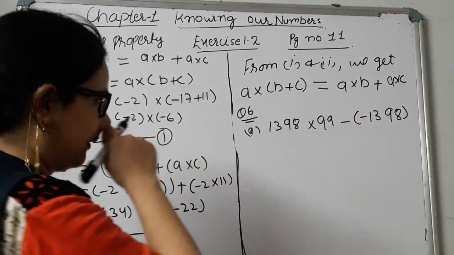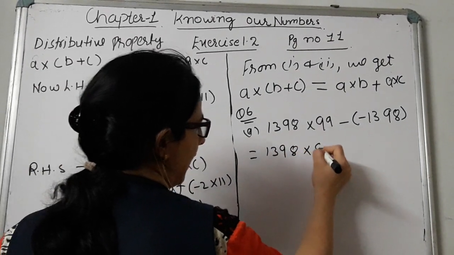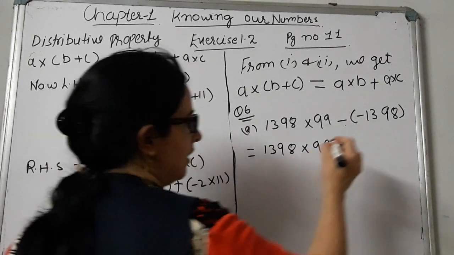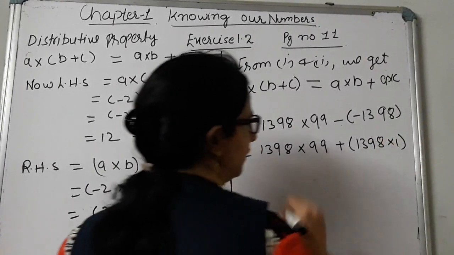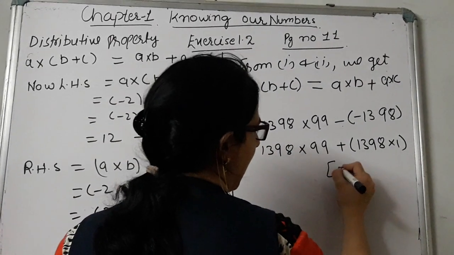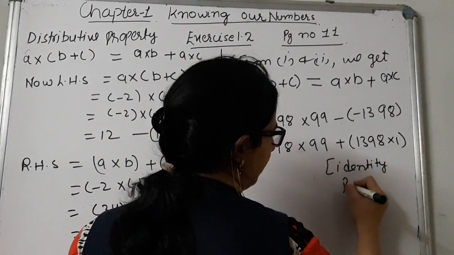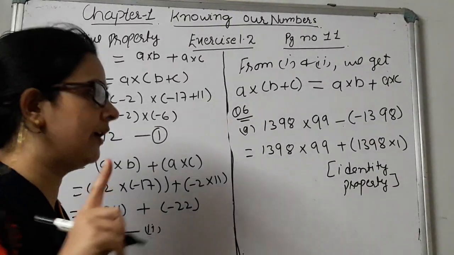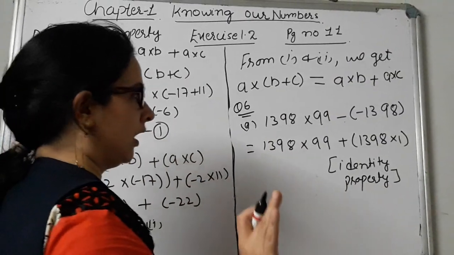So let us check. 1398 into 99 plus 1398 into 1. Here we are using the identity property. Means what? When multiplying 1 to any integer, the answer is the integer itself. So by multiplying by 1, there will not be any difference on the number.